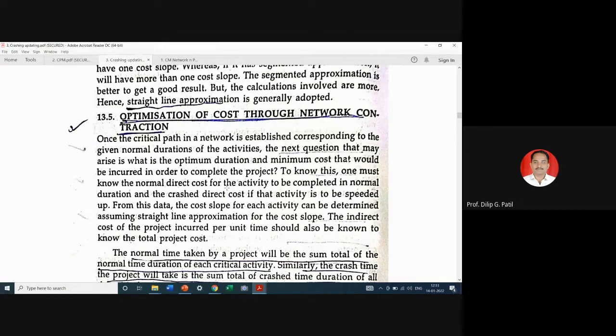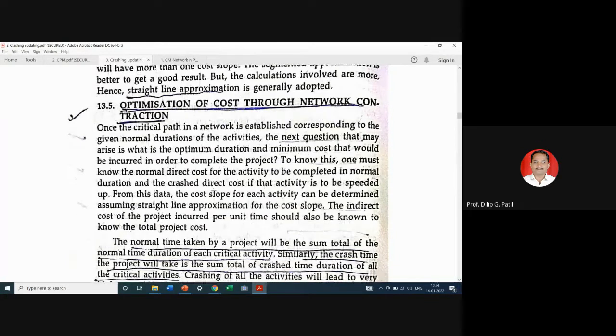So our first focus should be on the critical path, that we are reducing the duration of critical activities to some extent, step by step, by increasing some direct cost, by reducing some indirect cost, and step by step, we need to consider what is its effect on the total cost. So we will see its theory step by step.